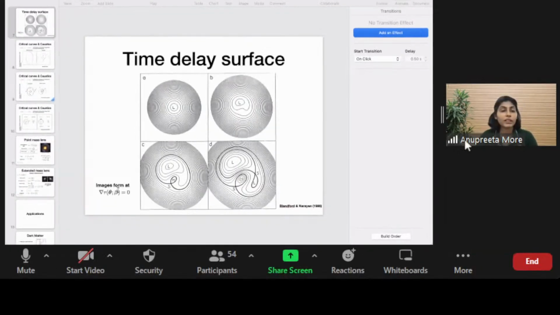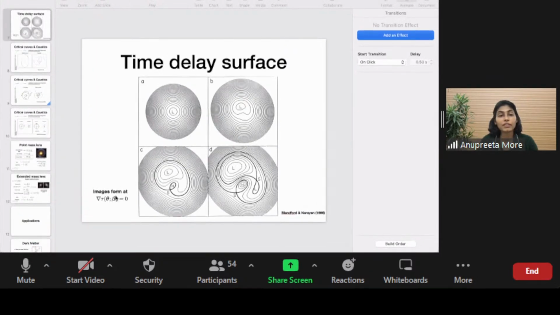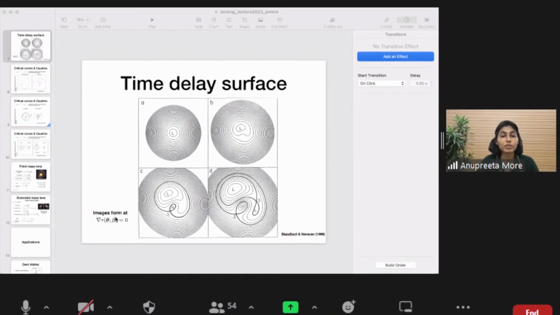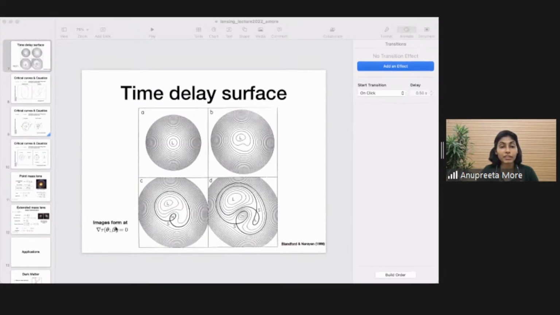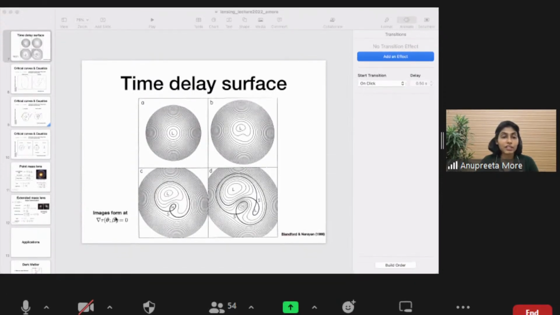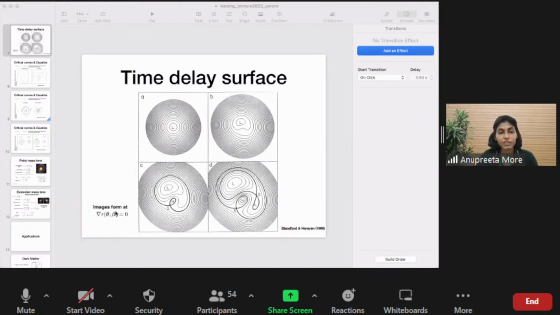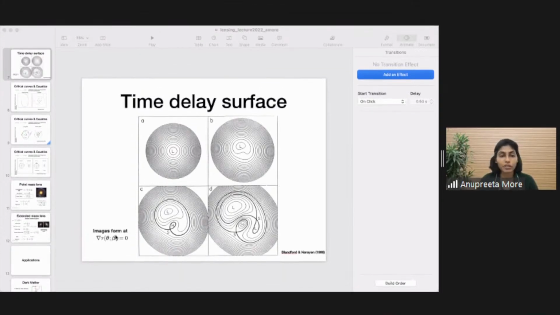So tomorrow is going to be the third lecture in this series. I think Surud is going to talk about weak gravitational lensing. So that is another interesting domain. It's very different from what you see for strong lensing.